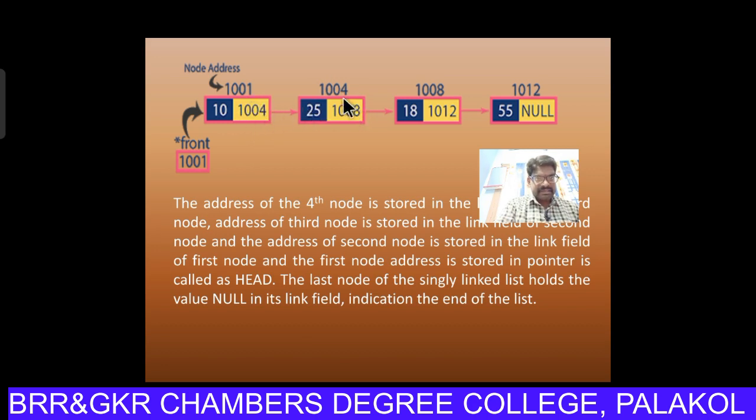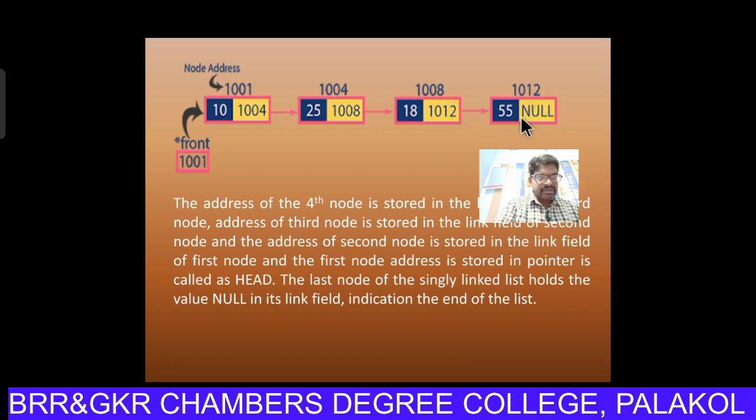The address of the third node is stored in the second node's address field. And 1012, the address of the fourth node, is stored in the third node's address field.